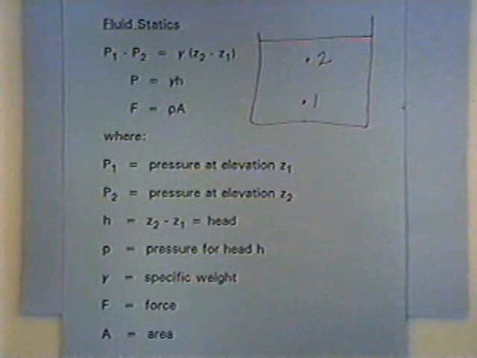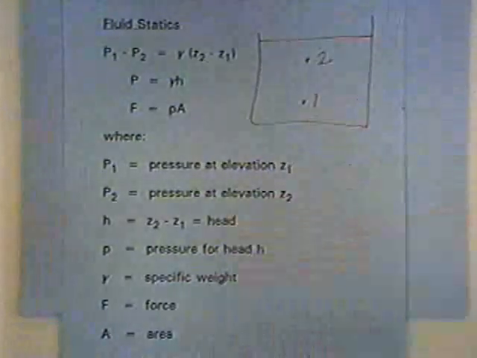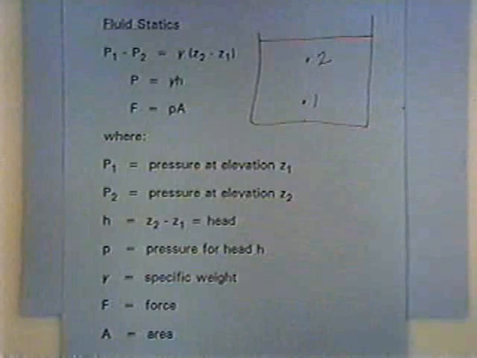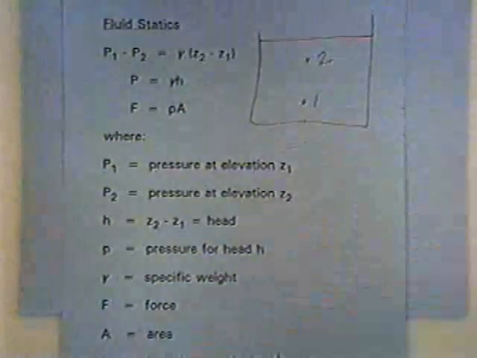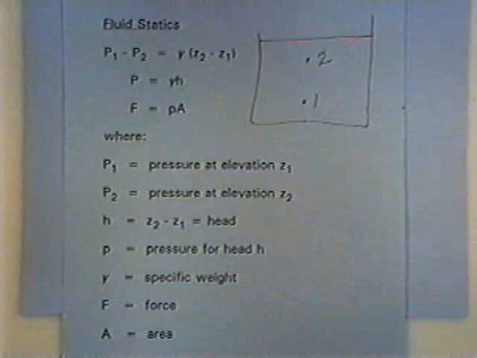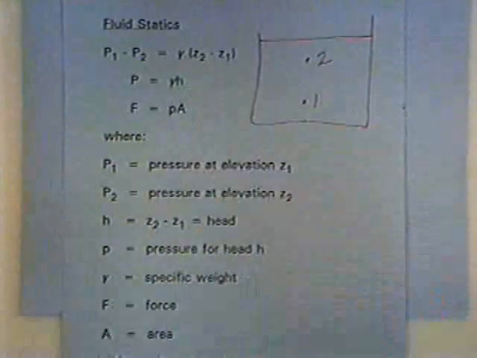Pressure is just the vertical height of the column between two points times the unit weight of the fluid. So we can say pressure 1 minus pressure 2 is the unit weight of the fluid times the difference in elevation between those two points. And the difference in elevation we call the head.